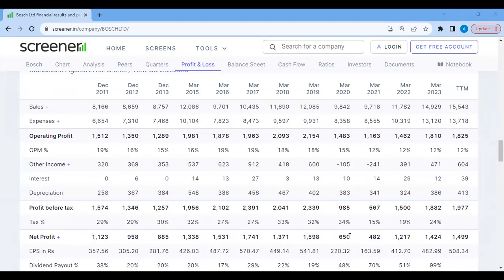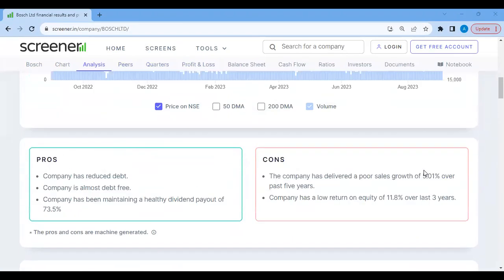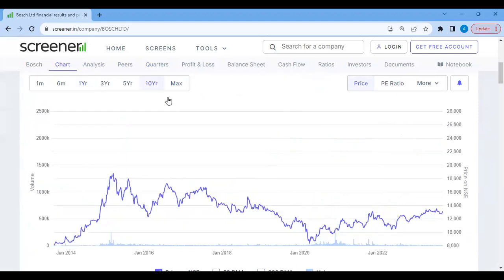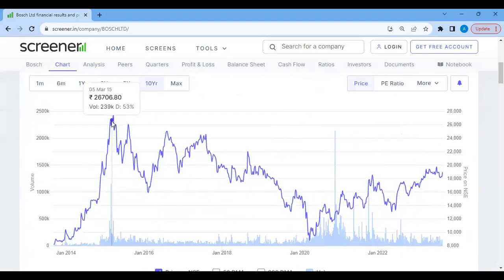Let us see what happened to the price of this company. If I look at the 10-year price of this company, you can see this company has not made any money in the last 10 years. Can everyone see that this company has not made any profit in the last 10 years? Right?